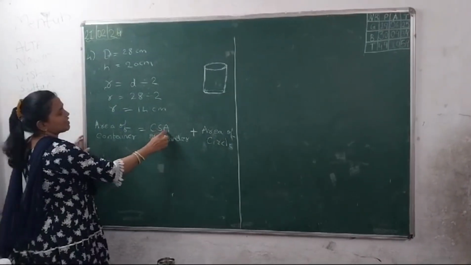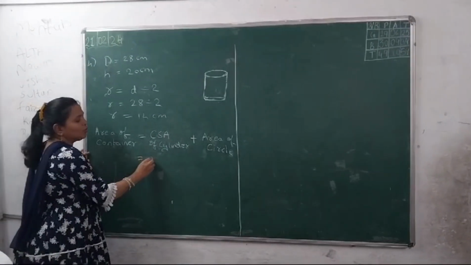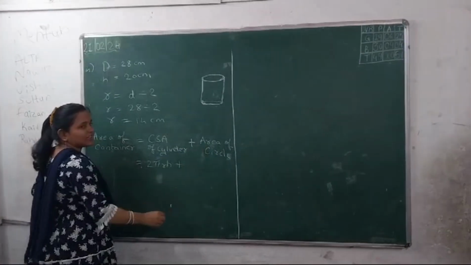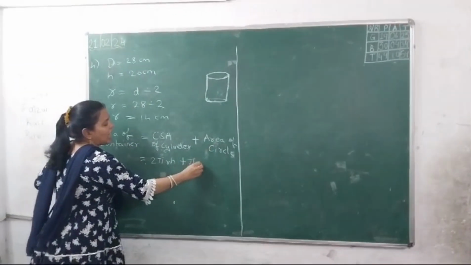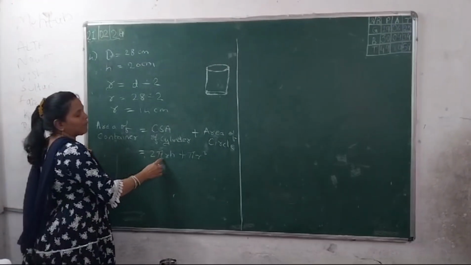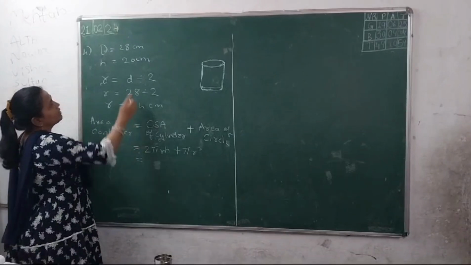So what is the formula for curved surface area of cylinder? Plus area of circle is? So what is common you can see here? Only pi r is common. So let's not take the common, we will solve it separately.